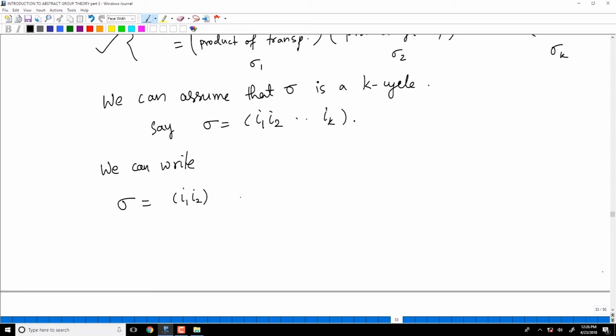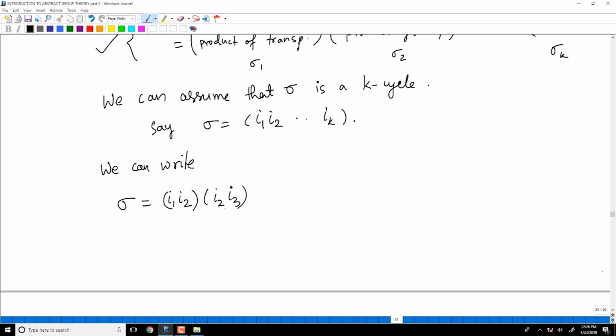I'm going to write from left to right, but when we actually multiply, remember, to figure out the image of an index, we go from right to left. So if this is the last one that is there, and if I make sure that i1 does not appear in the remaining ones, then i1 will go to i2 under the product. So I'll do (i2 i3).